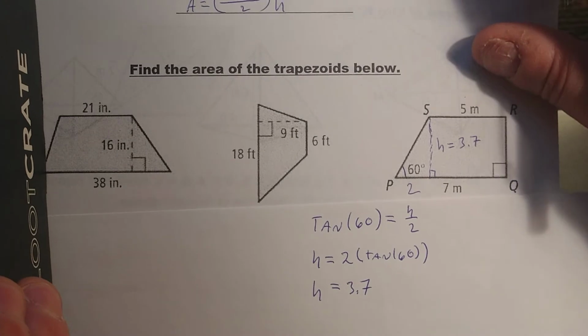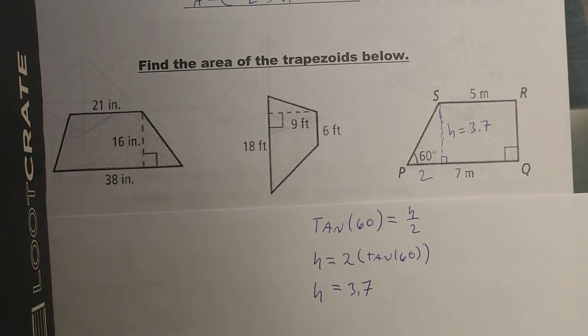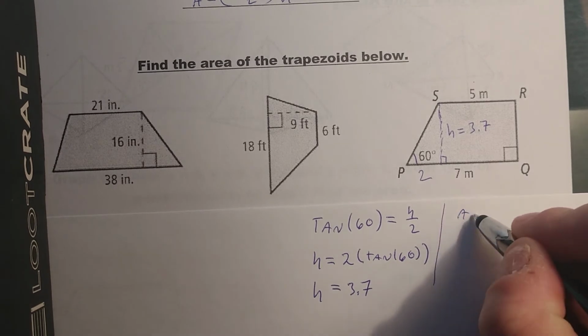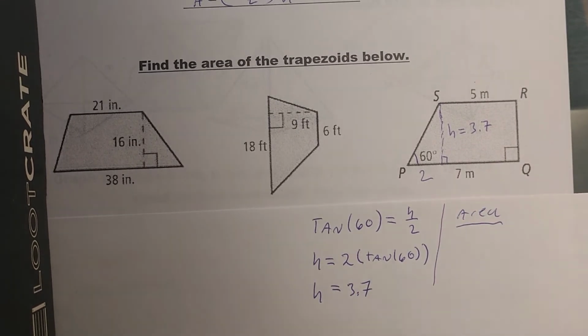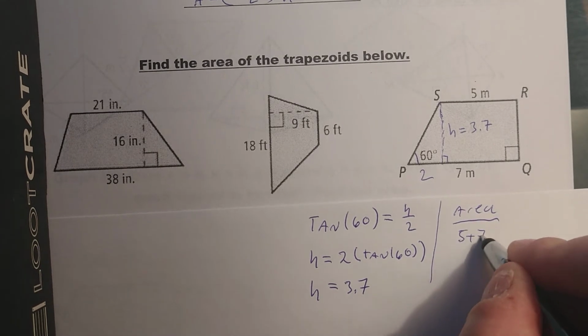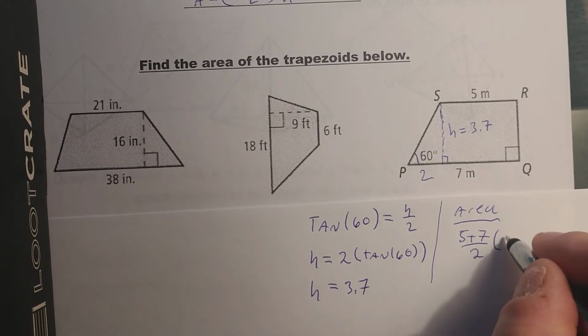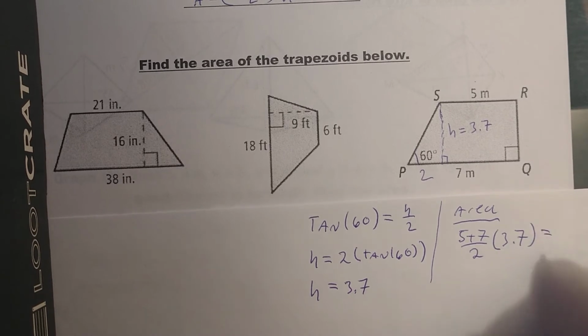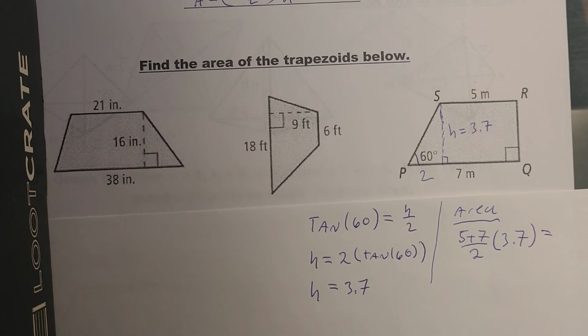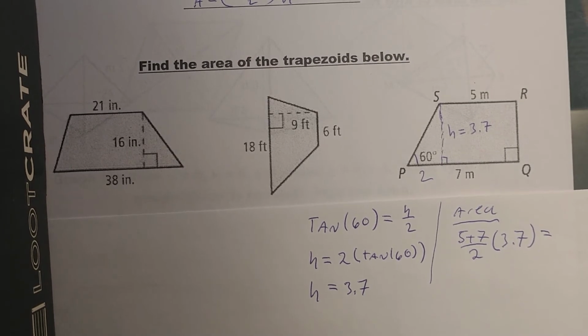So we would use that, add up our bases. So this is for my area. And it's going to be 5 plus 7 divided by 2 times 3.7, like that. So when I go to my calculator, 5 plus 7 divided by 2, I get 6. 6 times 3.7.